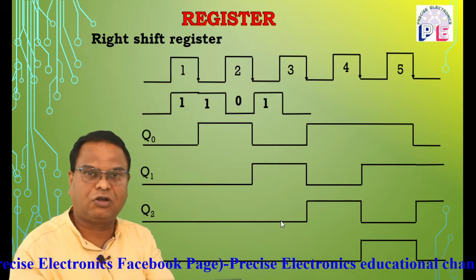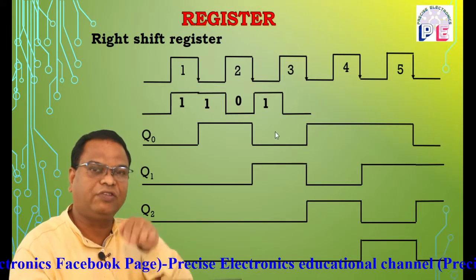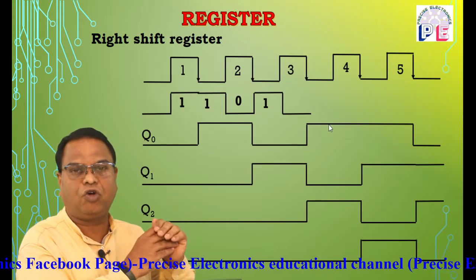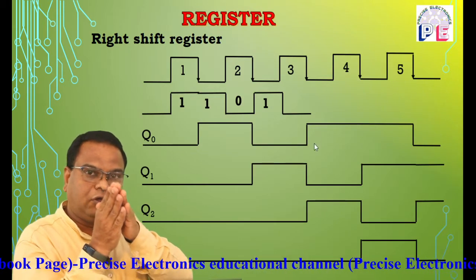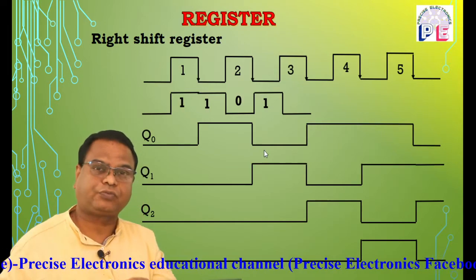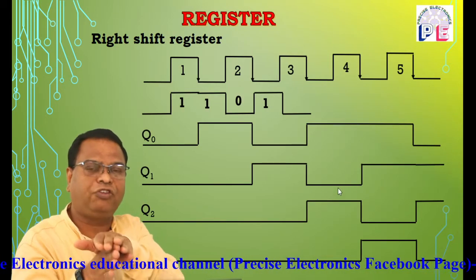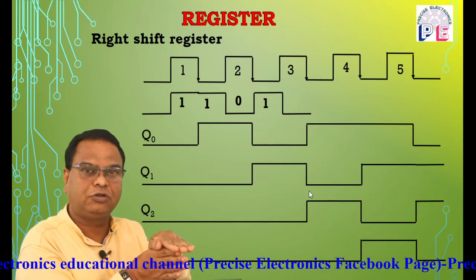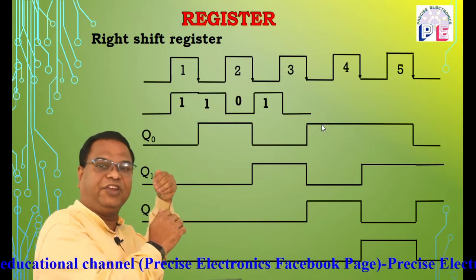At the next clock pulse, the next bit from the data is shifted. So once again, the output waveform of Q0 goes to high level, while the low bit from Q0 is shifted to Q1. So in this clock diagram, the bits are moving in this direction.